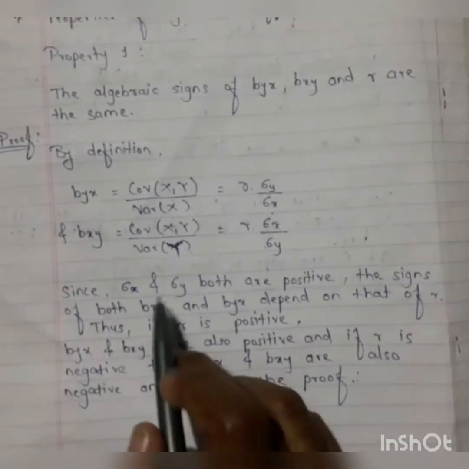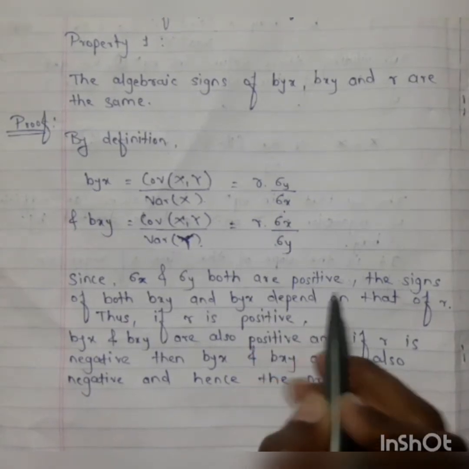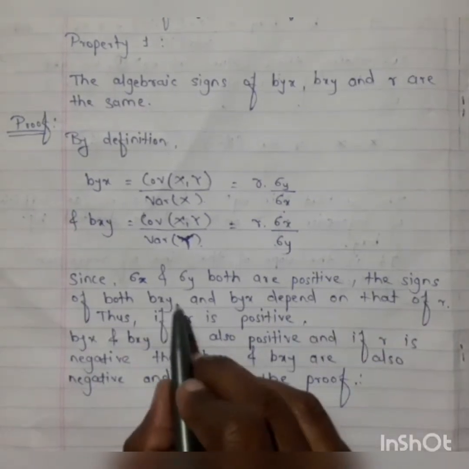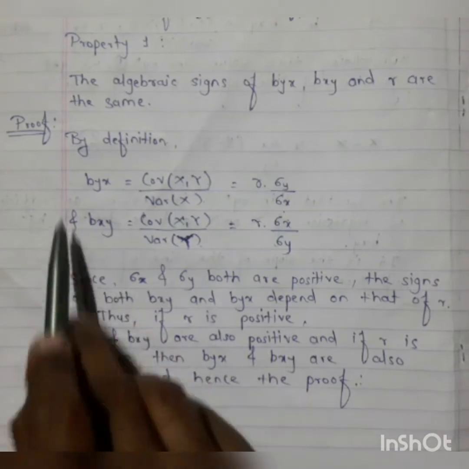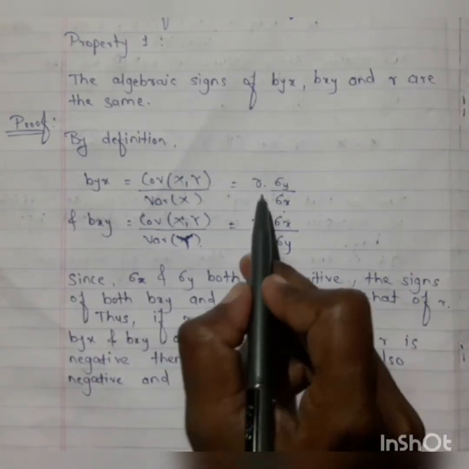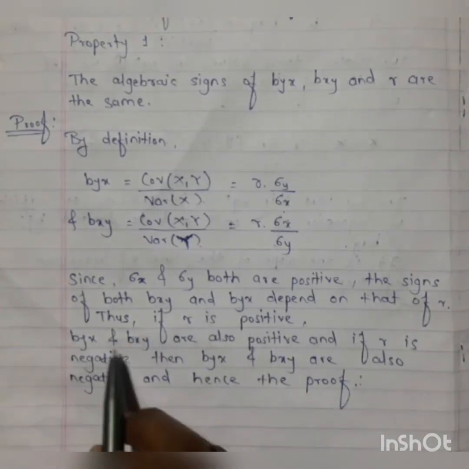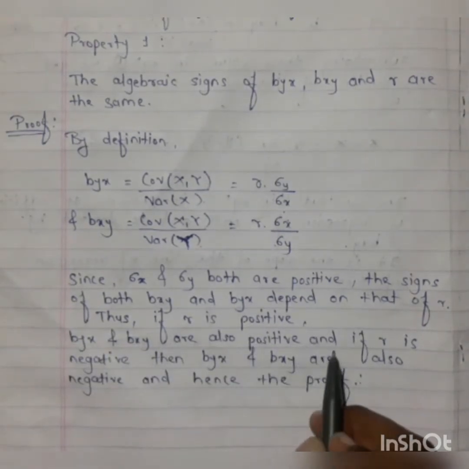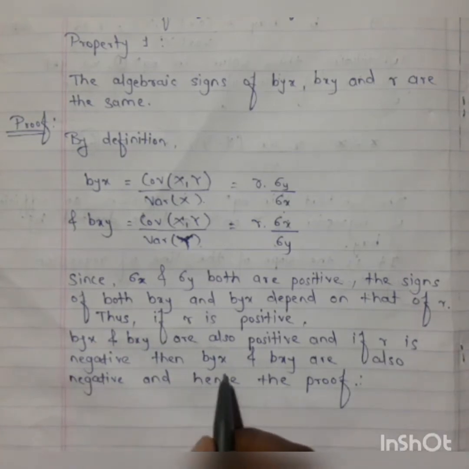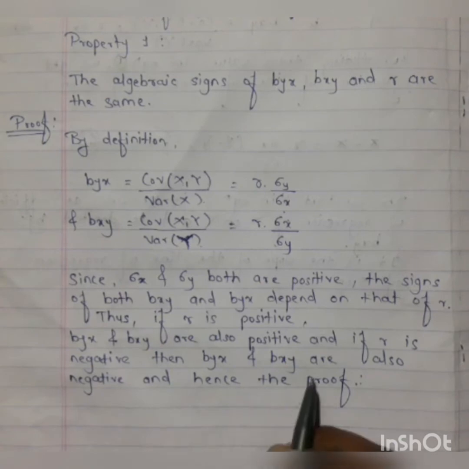Since sigma x and sigma y are positive, the signs of both bxy and byx depend on that of r. Thus, if r is positive, then byx and bxy are also positive, and if r is negative, then byx and bxy are also negative, and hence the proof.